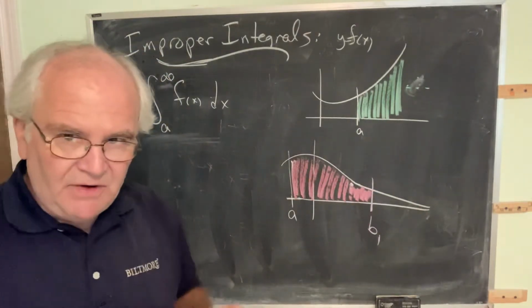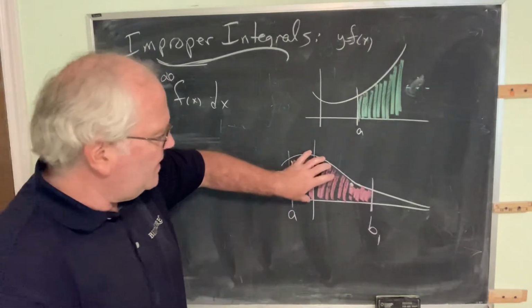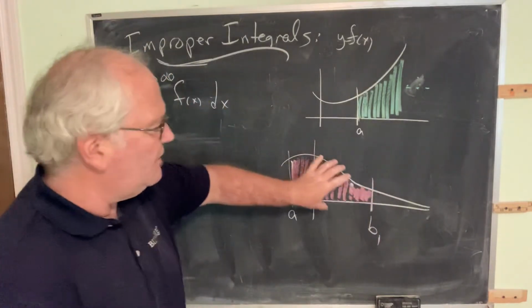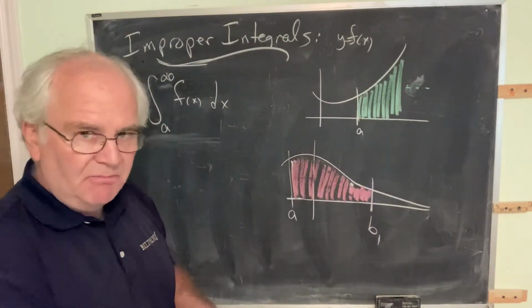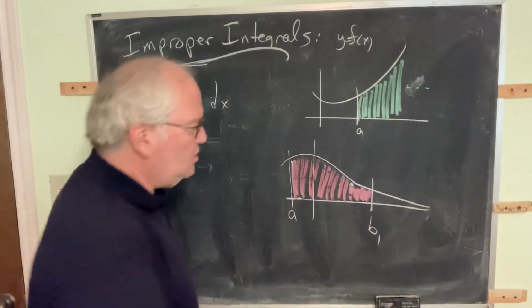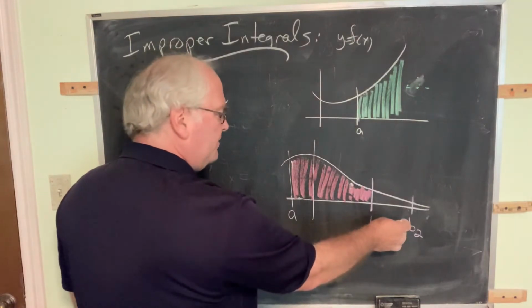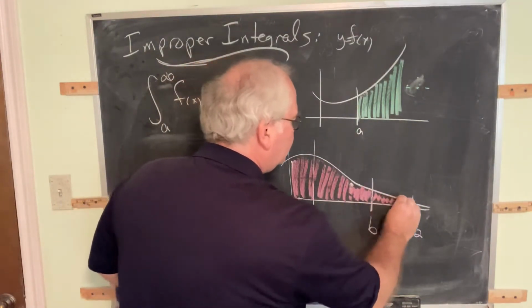This is going to sound very similar to the area problems we did way back in Calculus 1. This area we have is an approximation of the area we want. It's just a bad approximation. Well, how do you make the approximation better? You choose a larger B. If B number 2 is larger, now we're talking about all of that area.